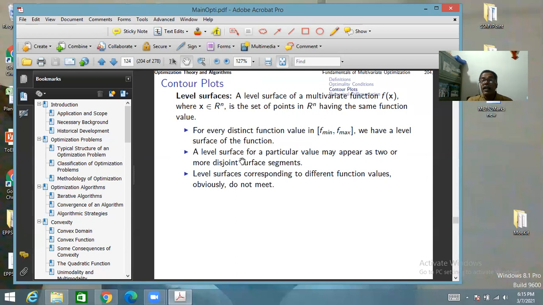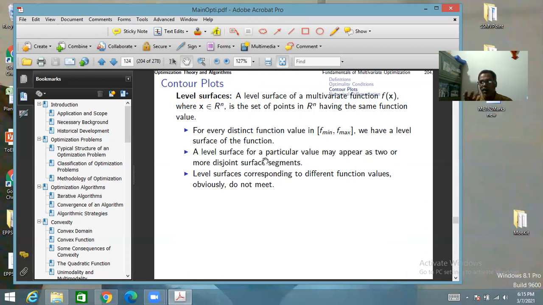And a level surface for a particular value need not be all connected in one surface. It may be two surfaces like this. Okay? That's possible. What is important is that level surfaces corresponding to two distinct values of the function will never cross, never touch.